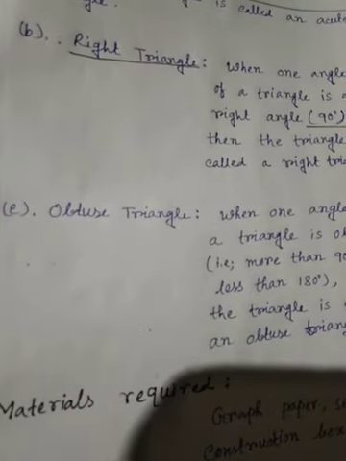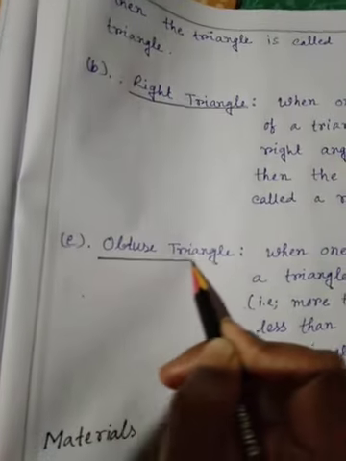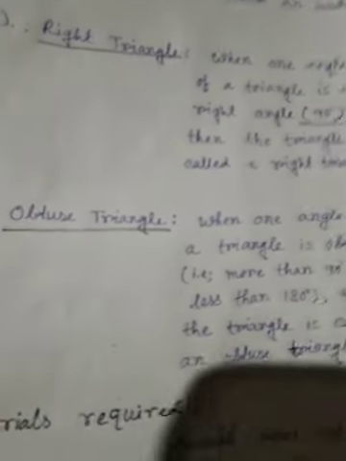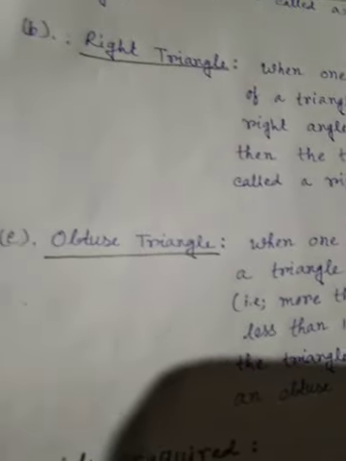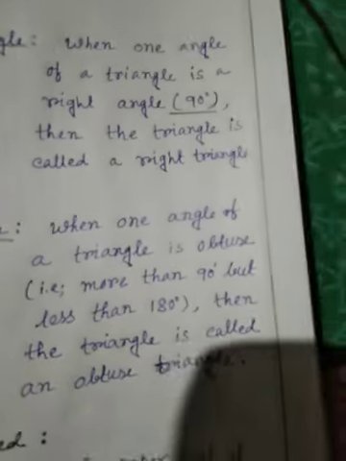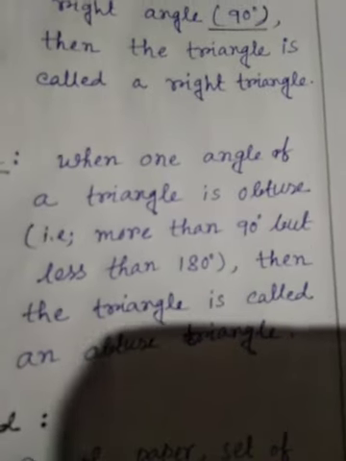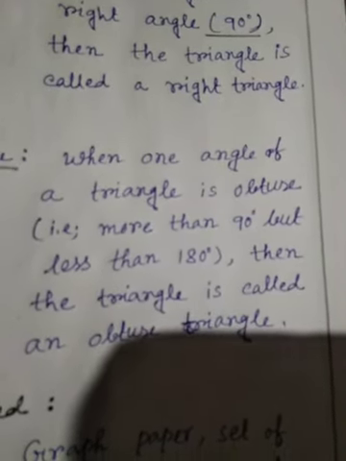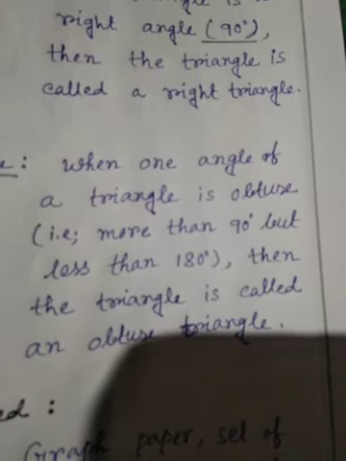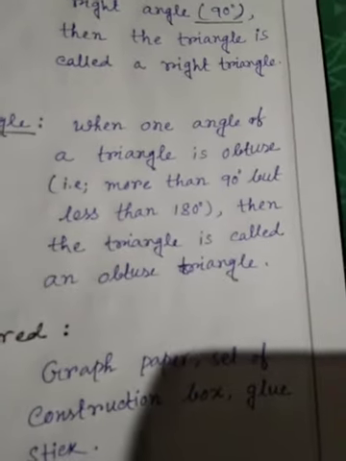Now third one, obtuse triangle. So obtuse angle we have already learned is more than 90 degree and less than 180 degree. So for an obtuse triangle, when one angle of a triangle is obtuse, that is more than 90 degree but less than 180 degree, then the triangle is called an obtuse triangle.